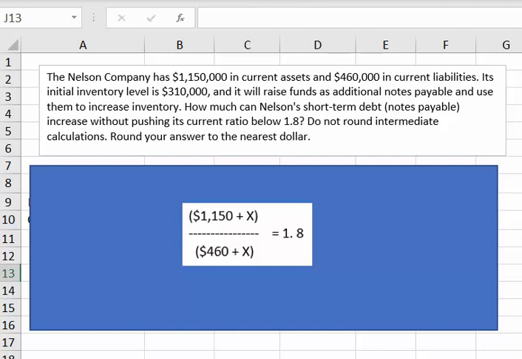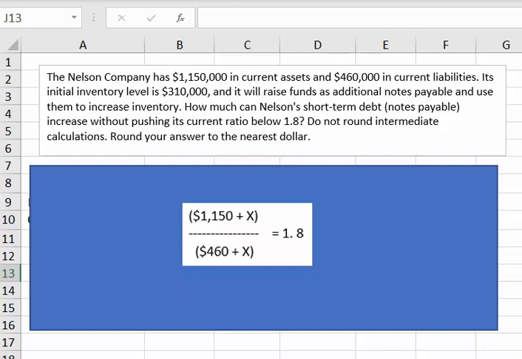And you're going to increase your liabilities because you're going to be borrowing the money with notes payable to fund that increase in liabilities. And you have to figure out how much of that will get you to 1.8. Okay? So that's the algebraic equation.